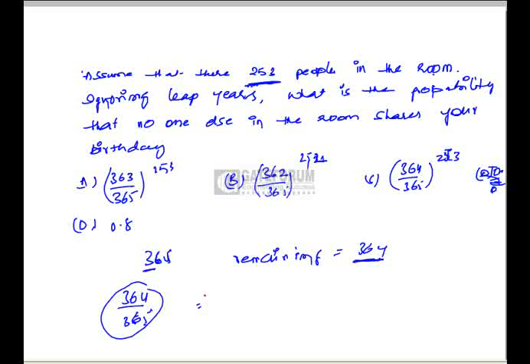So the required probability would be 364 by 365 multiplied so on up to 253 times. Why? Because a total of 253 people are there in the room. So the required probability is nothing but 364 by 365 whole power 253, which is option C.